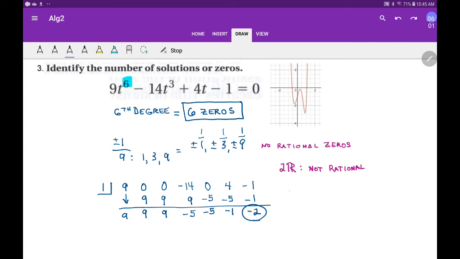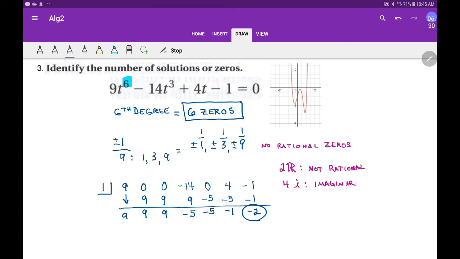If I see a pattern, if I see 0.3333, okay, there's a pattern. That's 1/3. I can write that as a fraction. But if I never see a pattern, I can't write it as a fraction, so it's not rational. But it's still real. And then since I know there's 6 zeros or 6 solutions, I have to say that the leftover are going to be imaginary, 4 imaginary.